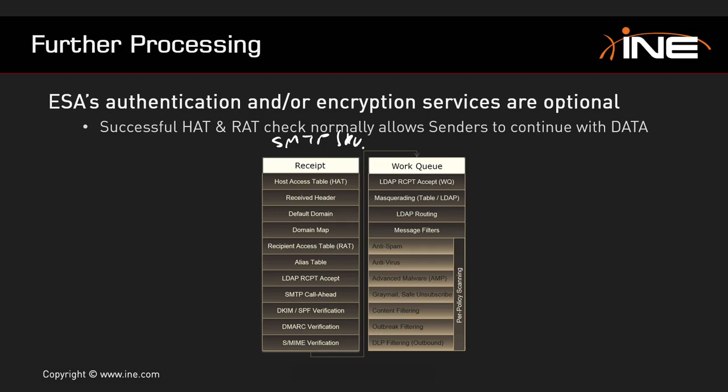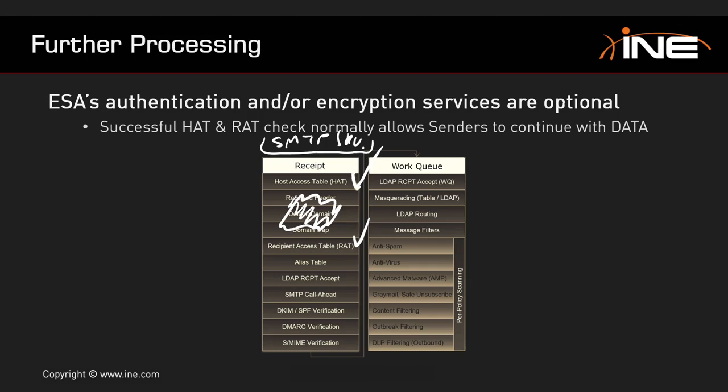Those are more optional features that you can enable on the ESA. So assuming that the host access table and the recipient access table checks are okay, this is something that you can basically use to change the message, but not drop or discard it.